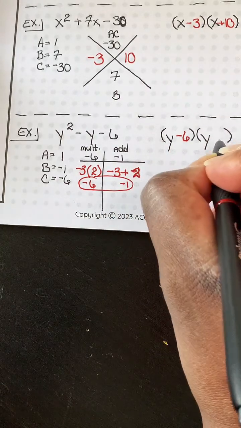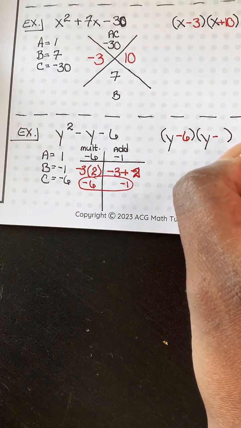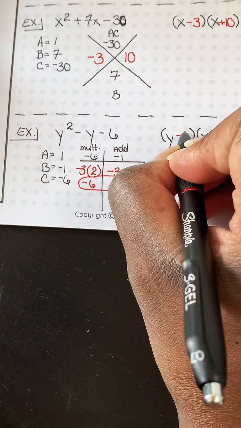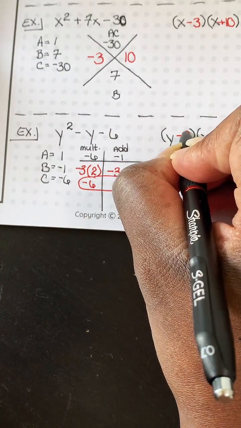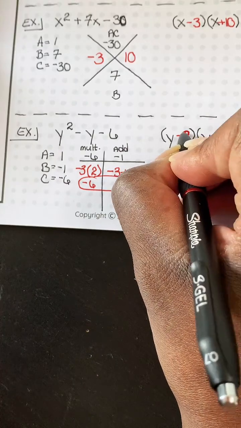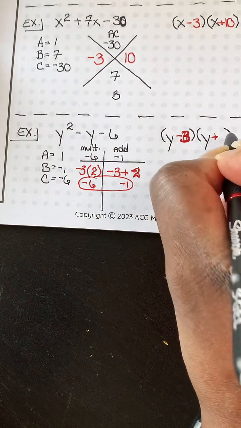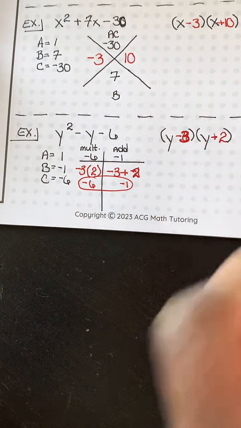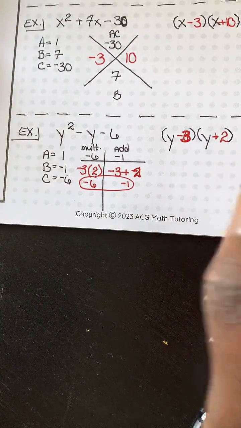So negative 6. And why am I saying negative 6? Negative 3. I'm losing it. So negative 3 plus 2. Because I don't like the table. That's what's throwing me off.